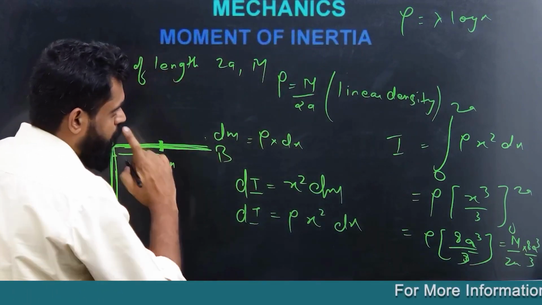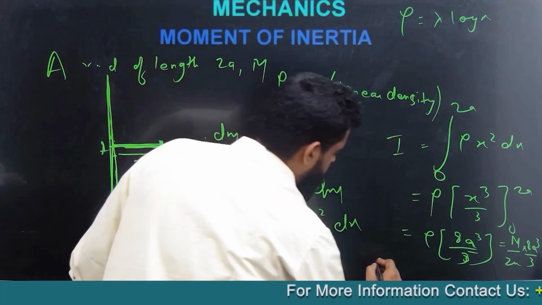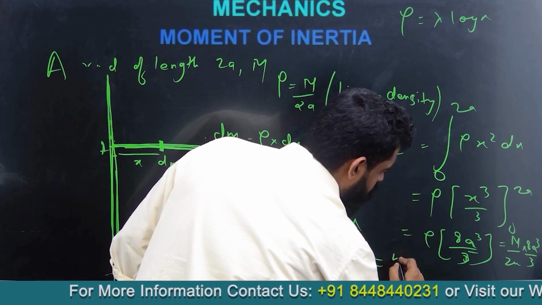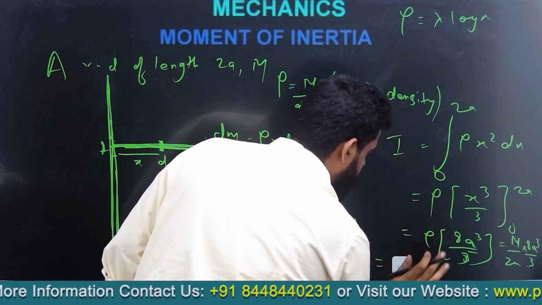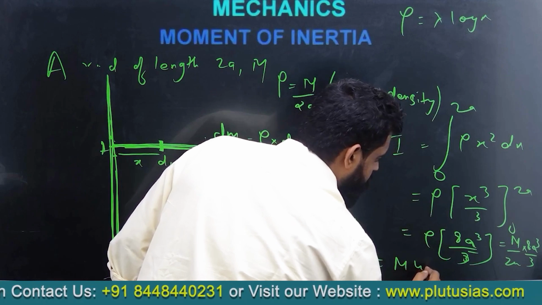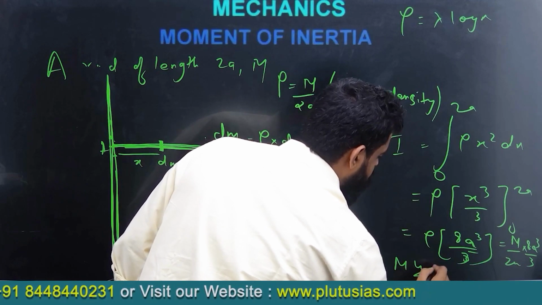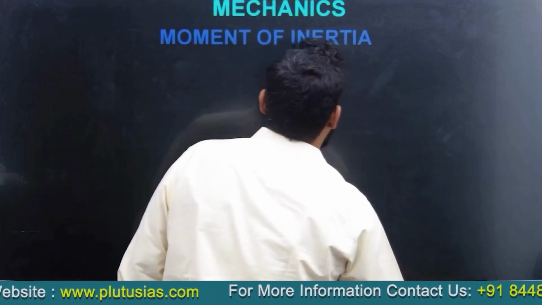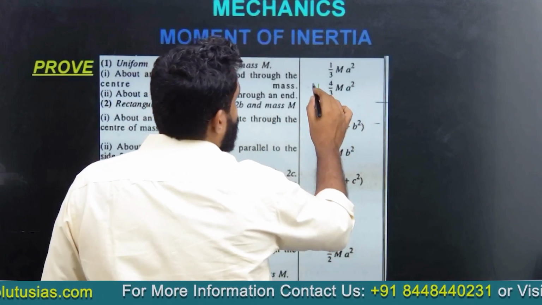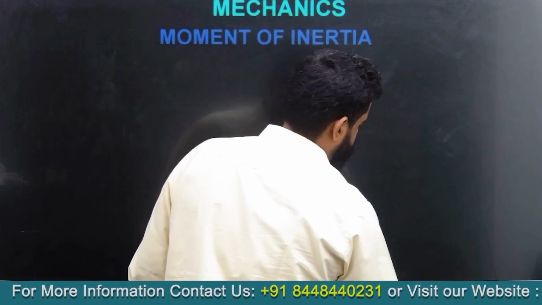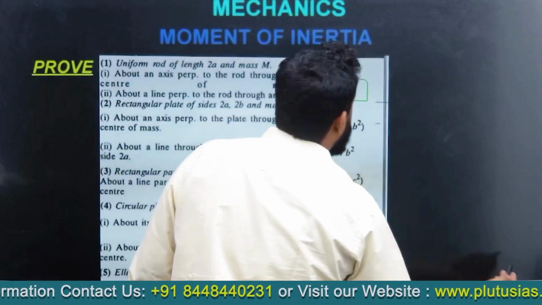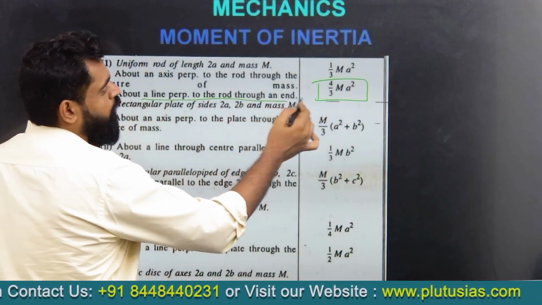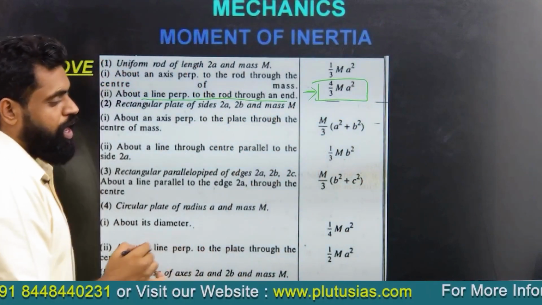So we get the moment of inertia as 4 by 3 ma square. I have given you the chart, but for now, okay. So about a line perpendicular to the rod through an end, we have 4 by 3 ma square.